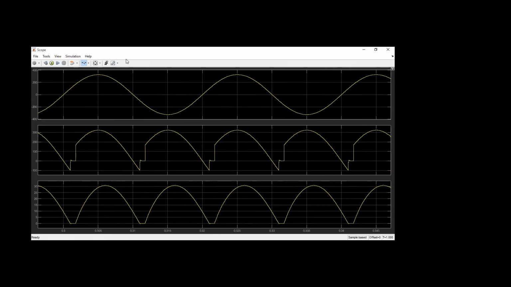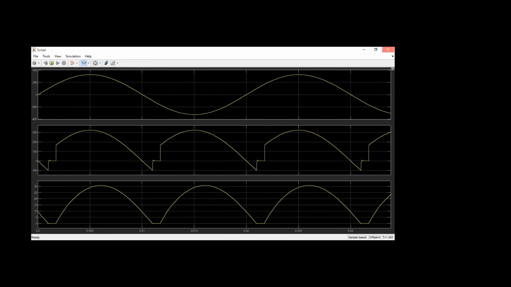If you consider RLE, only one extra thing will come: from where you need to start, it may be 100 volts or 200 volts. This is thyristor based. In the same way, you can consider uncontrolled too. Uncontrolled conducts without any firing angle.